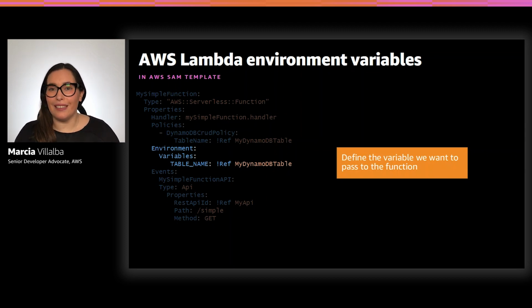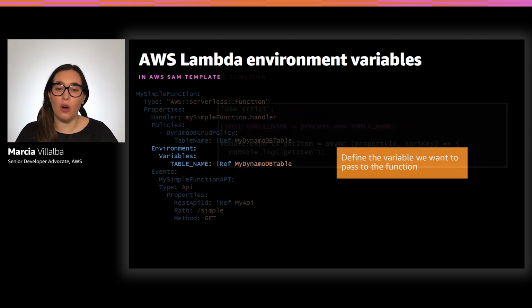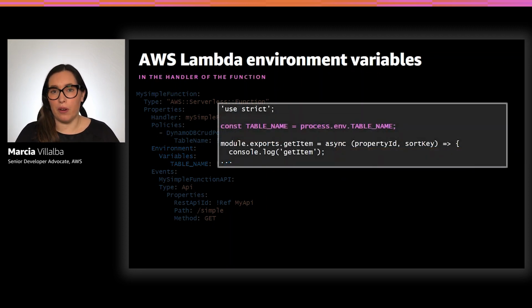In this case, it is again the table name. And then in your code, you just get that environmental variable. I'm using Node 12, so I'm using process.env, but different runtimes have different ways of getting environmental variables. Then, after I have the table name, I can use it anywhere in my code as if it was defined there.